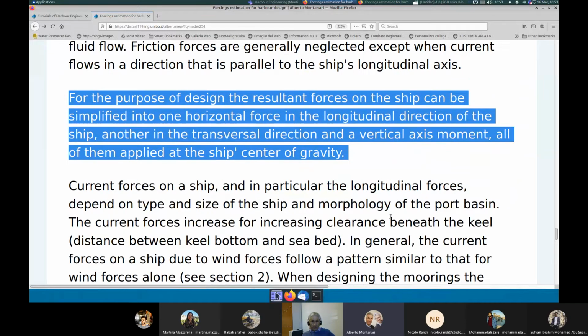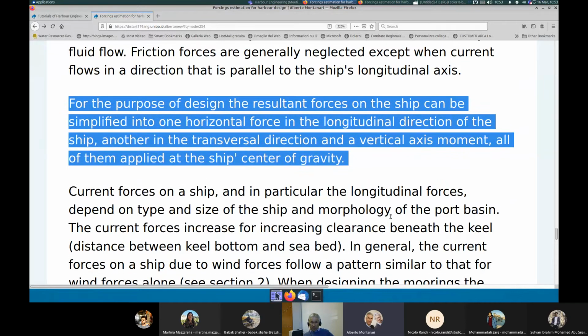And so again, in this case, we don't go into the details. There are empirical relationships which you may find in the Ports Designer Handbook that allow you to estimate, based on the velocity of the current, the two resultant forces, like we did for the waves.